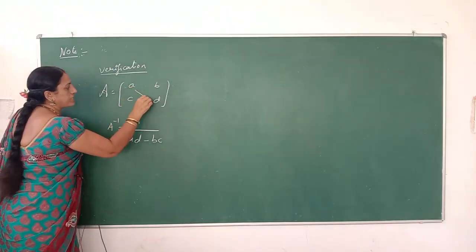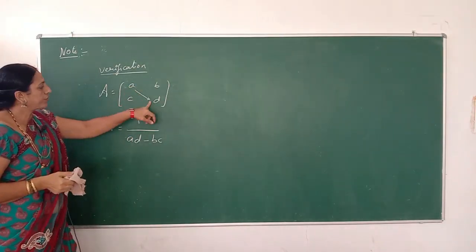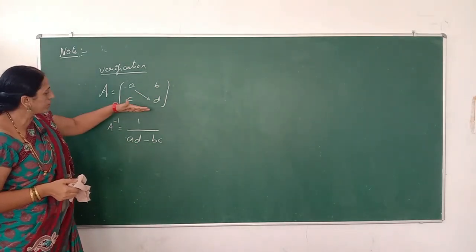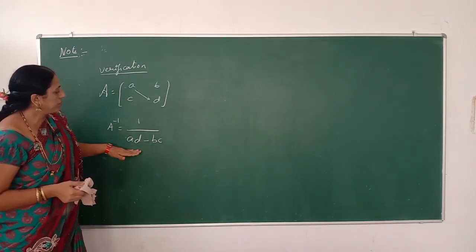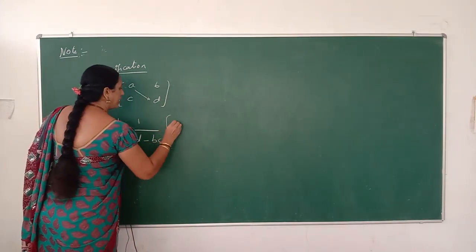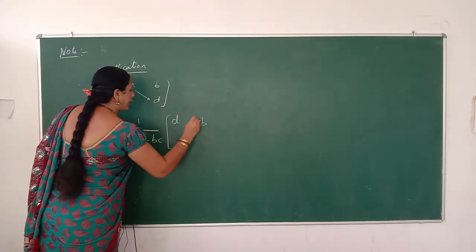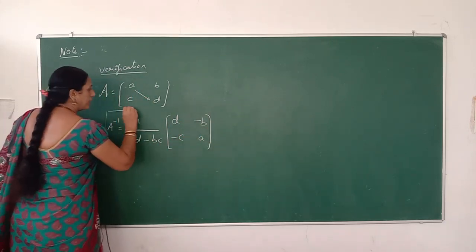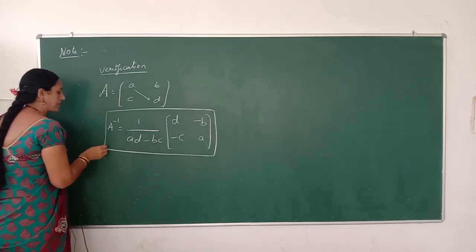That is the product of the left diagonal minus the right diagonal. That is 1 over AD minus BC into D, minus B, minus C, A. That is the inverse of a matrix.